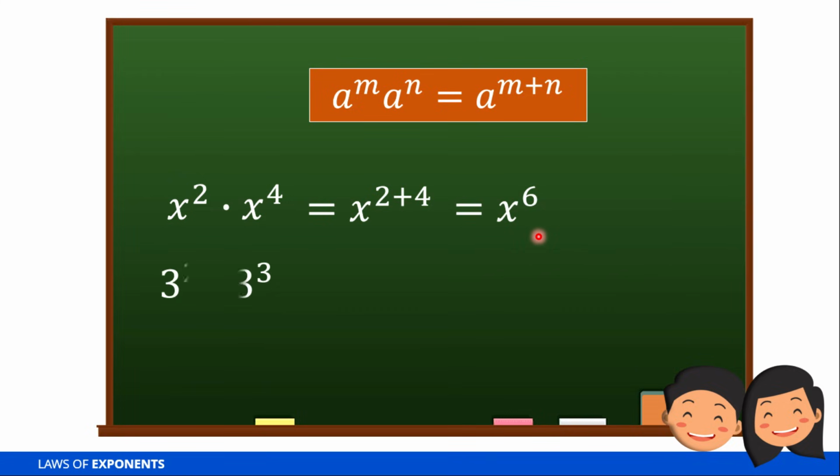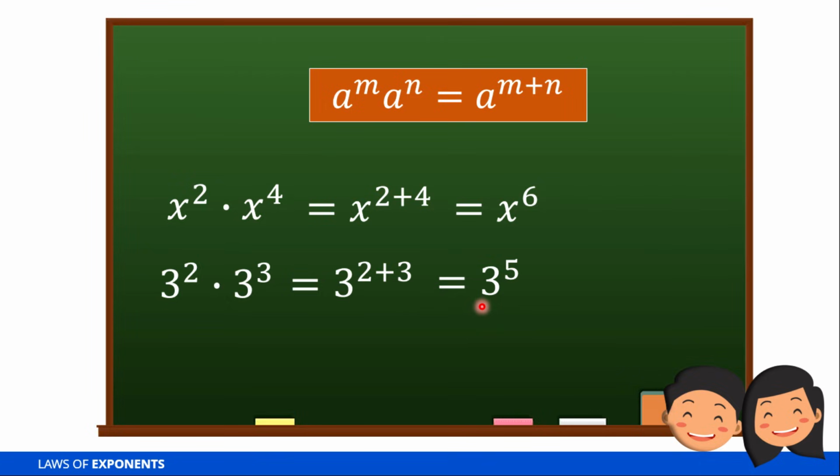Next given. 3 squared times 3 cubed. So, same pa rin ang ating base, which is 3. Kopyahin lamang natin ang ating base, and same lamang, i-add natin ang kanilang mga exponents. So, 2 plus 3. Okay, so ito yon. So, magkakaroon tayo ng 2 plus 3 sa ating exponent. Okay? So, i-add natin ito.